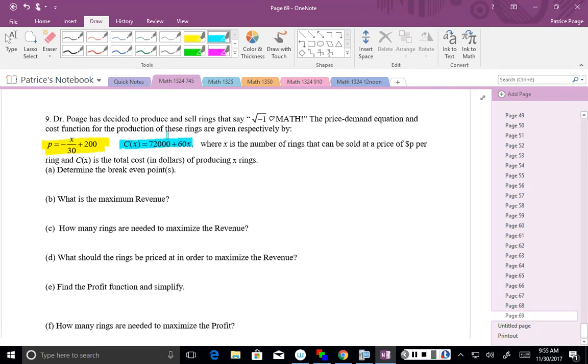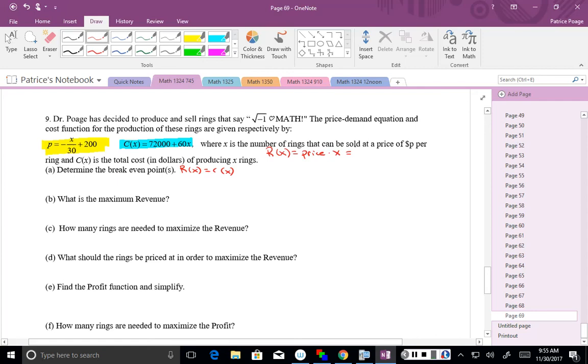Determine the break-even points. Well, break-even points occur where the revenue equals the cost. The little problem with that is they didn't give us the revenue equation, so we're going to have to find that up here. Revenue equals the sell price times x. Our sell price is highlighted in yellow here.